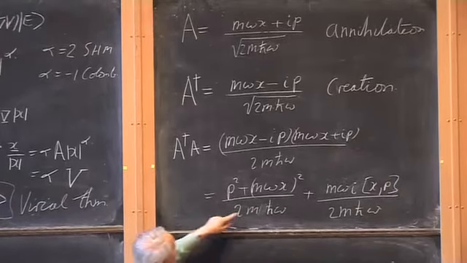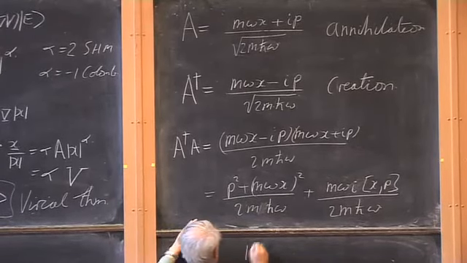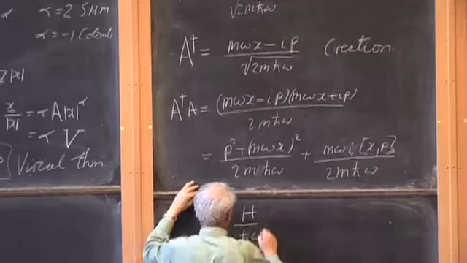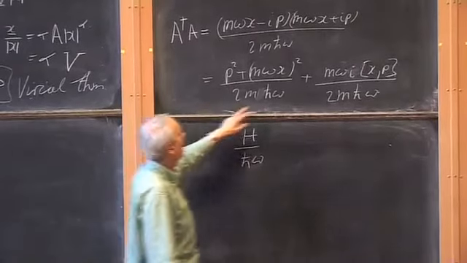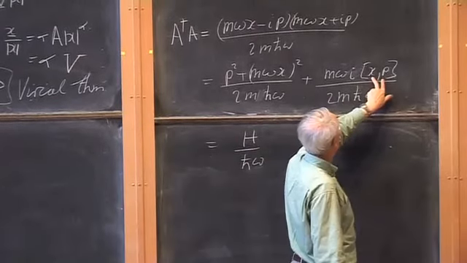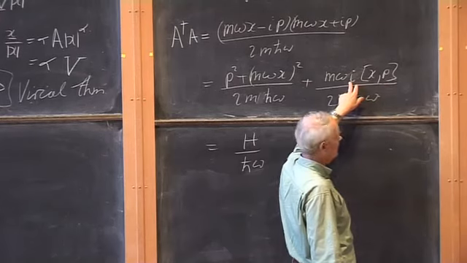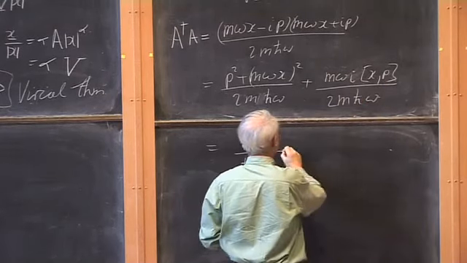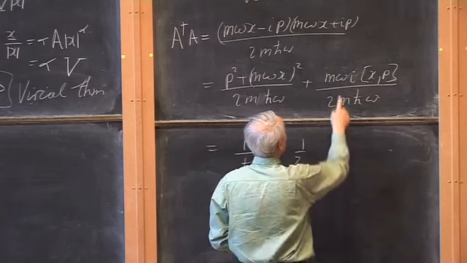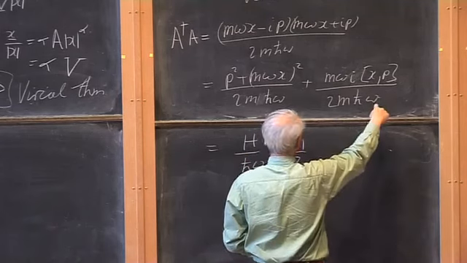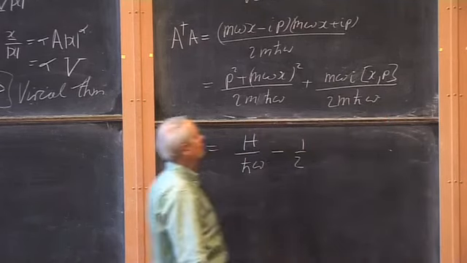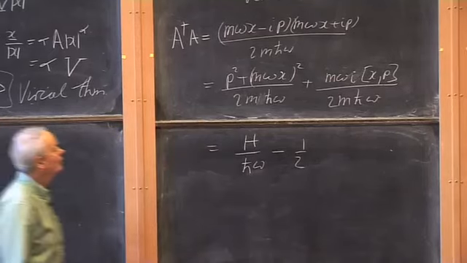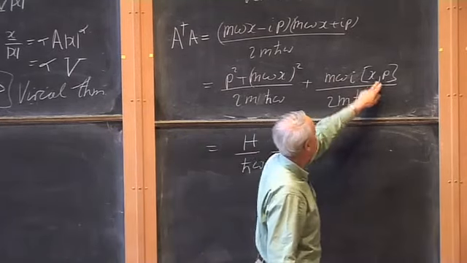Right? So this first part is the Hamiltonian over h bar omega. And this is an i h bar, and the i's make a minus 1 with this, so this is going to be minus a half, and everything else will cancel. Right? Because we've got an m omega here, and we're going to get an h bar from there, so the rest cancels.